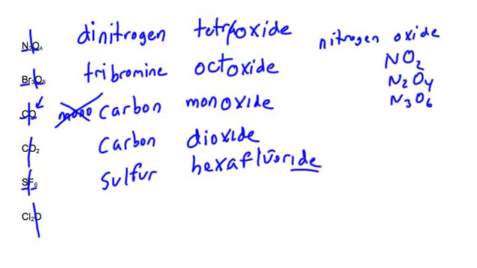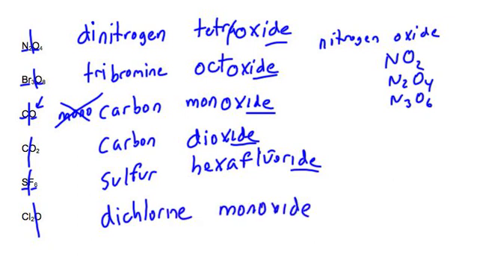Again, we always have to put the ide ending on the second one. Unlike ionic, there's none of this ate stuff. They all end in ide. All right, Cl2O. Chlorine, it's dichlorine. Then one oxygen is monoxide. I think the routine for this is a lot simpler than ionic. There are not a lot of crazy exceptions except for this mono on the first one.